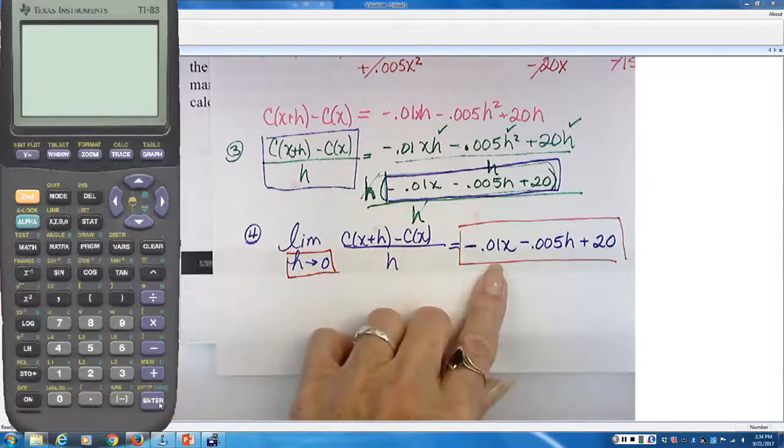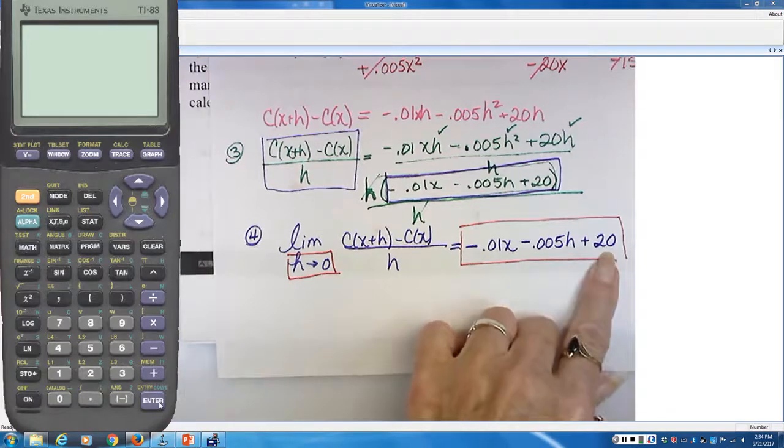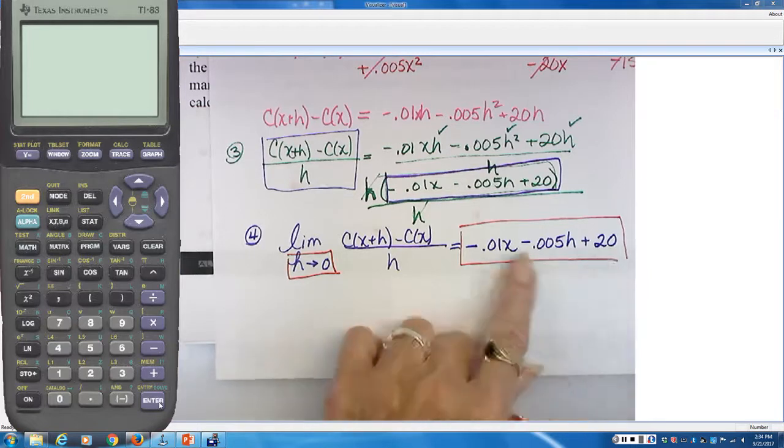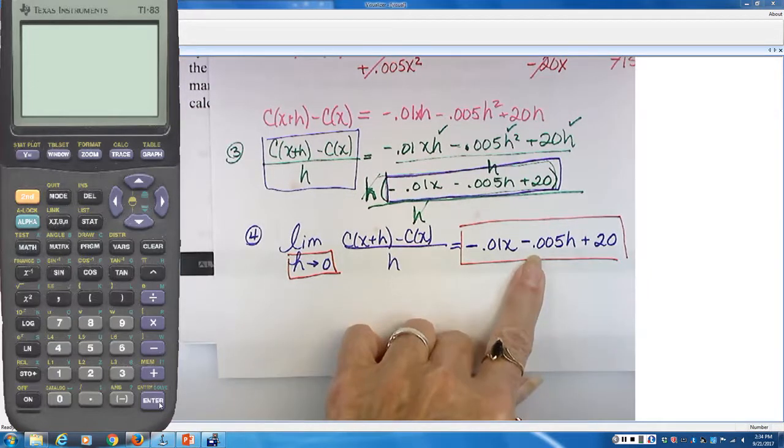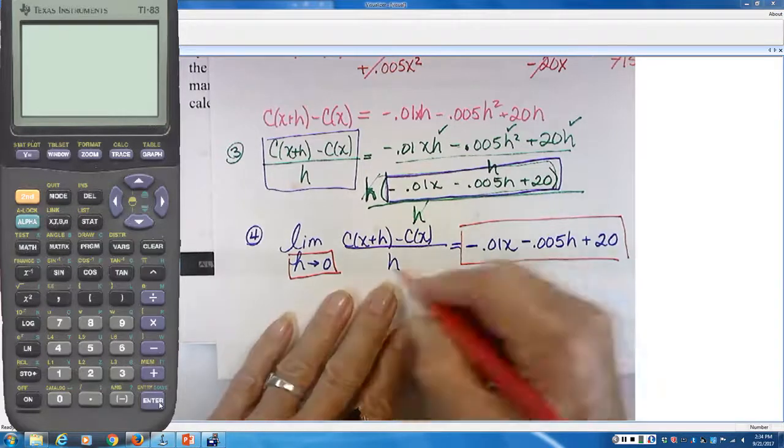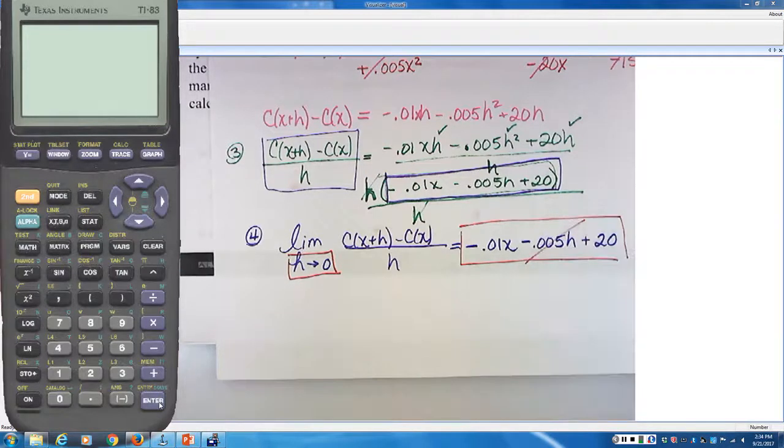Does it change that? No, because there's no h's in that. Does it change this? No. Does it change this? Yes. What does it make it do? It becomes 0, because if h approaches 0, that's gone. You shrunk it right out of existence by multiplying it by 0.